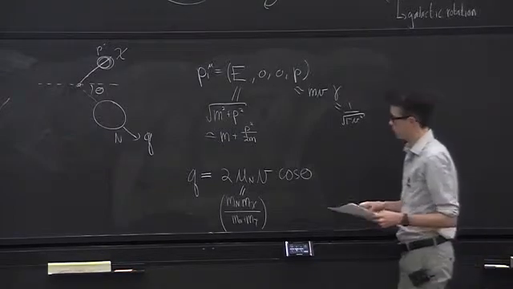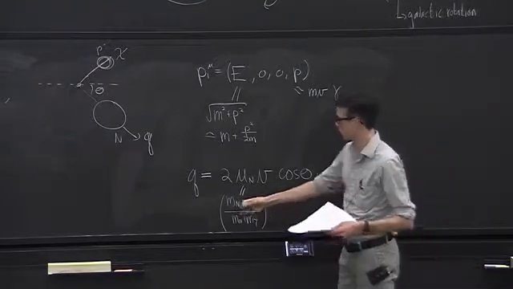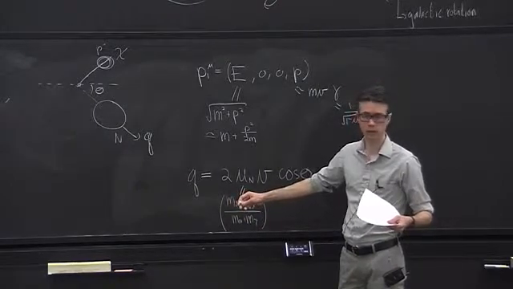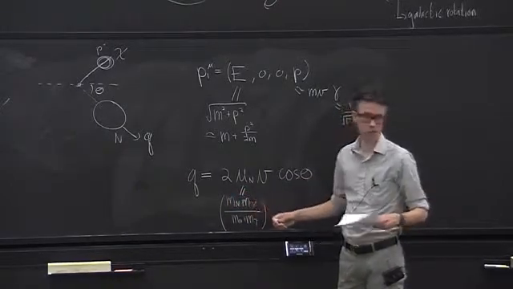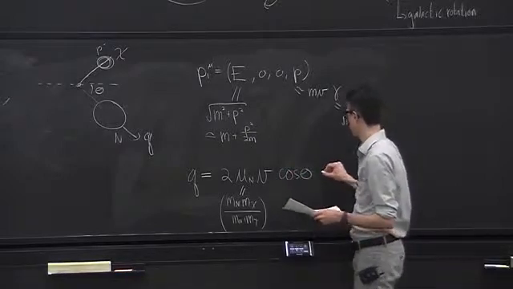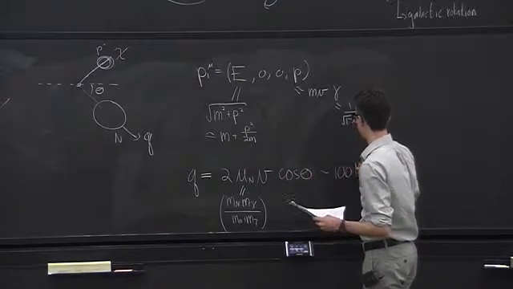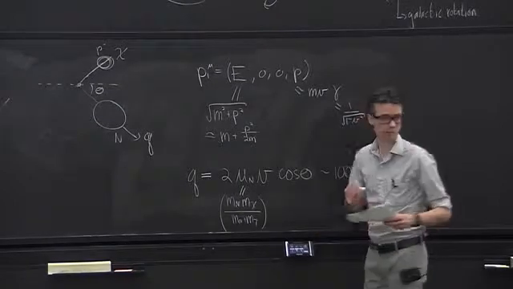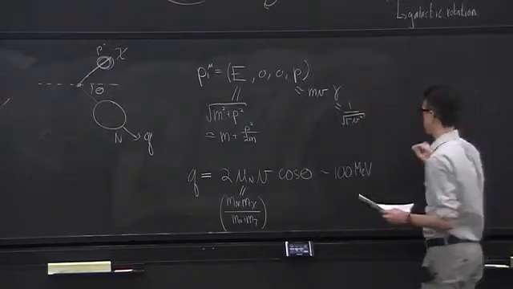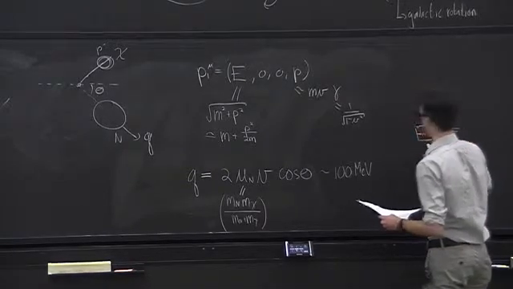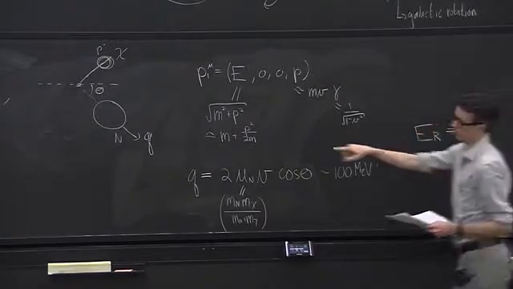And suppose I plug in a nuclear mass of about 100 GeV, so a nucleus with about 100 protons and neutrons, and I take a dark matter mass of about 100 GeV, and I plug that all in here, this corresponds to a momentum transfer of about 100 MeV, so relatively small. I can also convert this into a recoil energy. So this is the recoil energy of the nucleus.